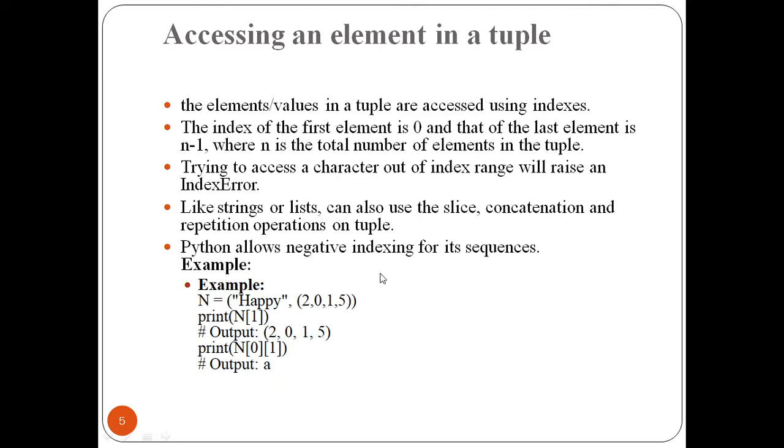This is how we can access tuple elements. If you give an index out of range, so let's think that I have three items in the tuple but I give the index as 4, then it will give an index error.